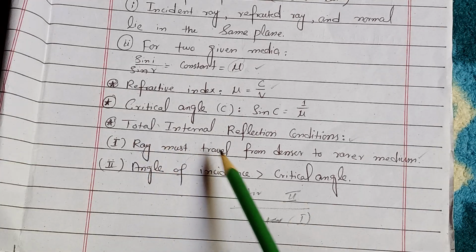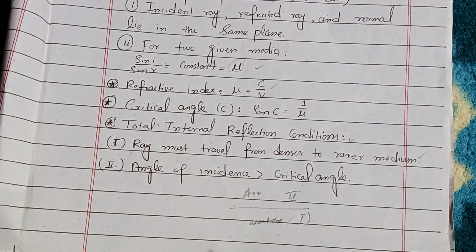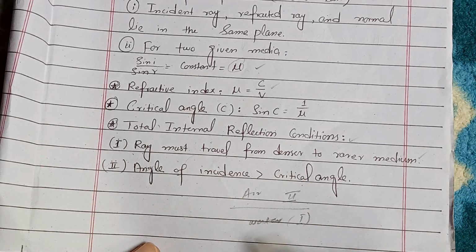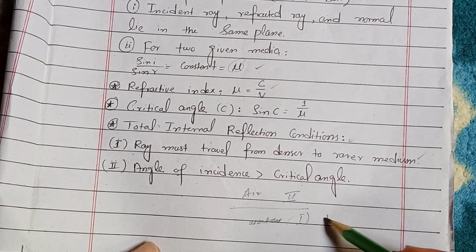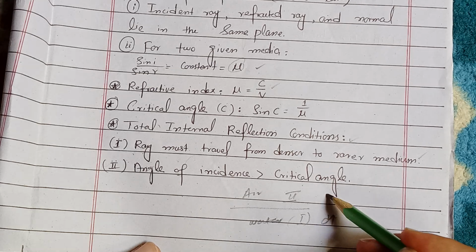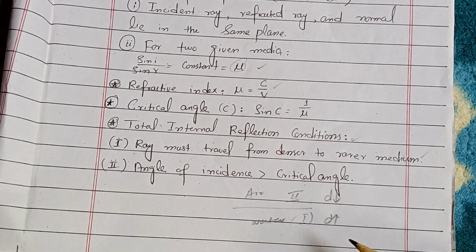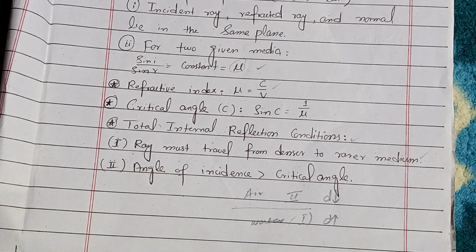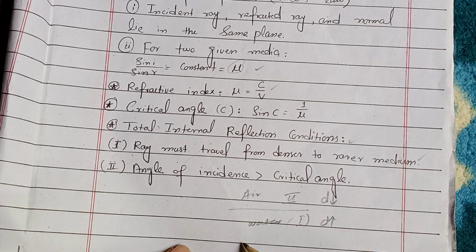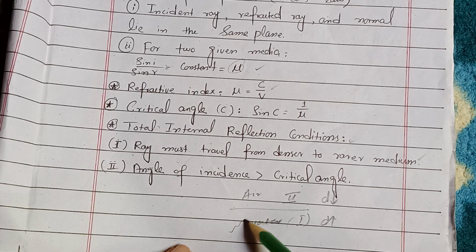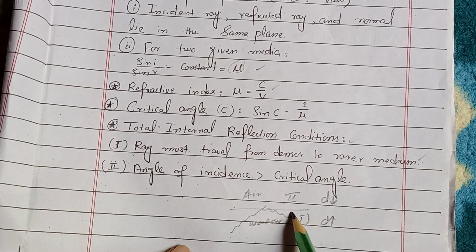To verify the total internal reflection condition, the ray must travel from the denser medium. Water is the denser medium; water has high density while air has low density. So according to the total internal reflection condition, the ray must travel from the denser medium to the rarer medium, then it will be totally internally reflected.